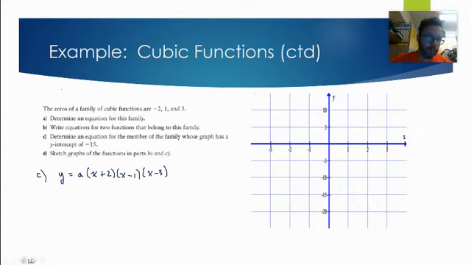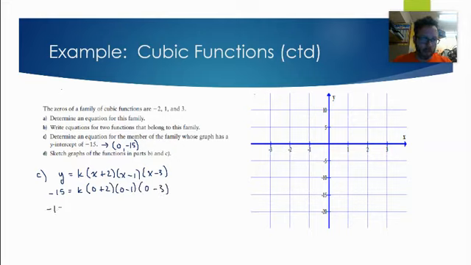Old habit, used a there for the leading coefficient. Ultimately, it doesn't really matter what parameter you choose. And our strategy is always the same. We plug in a point. This time we know the y-intercept has the coordinates 0, negative 15. So we get negative 15 when we plug in x equals 0.